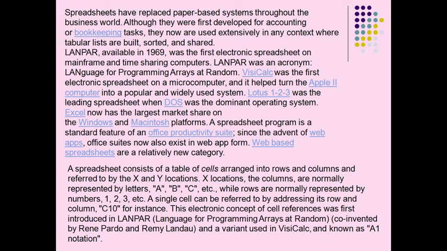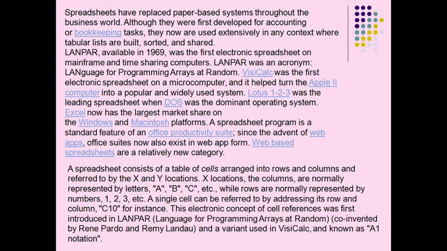Spreadsheets have replaced paper-based systems throughout the business world. Although they were first developed for accounting or bookkeeping tasks, they now are used extensively in any context where tabular lists are built, sorted, and shared. So LANPAR, available in 1969, was the first electronic spreadsheet on mainframe and time-sharing computers.